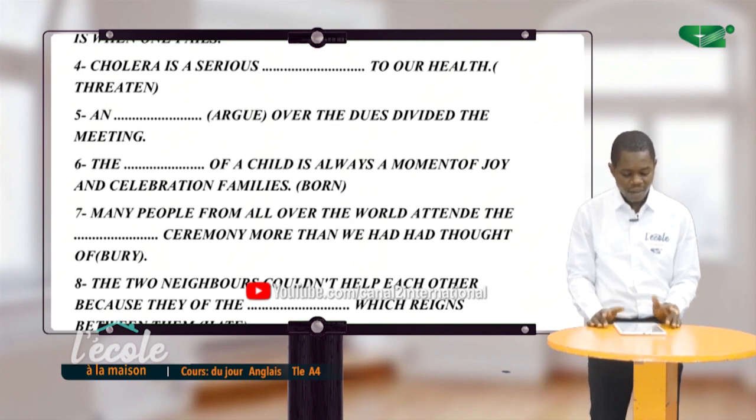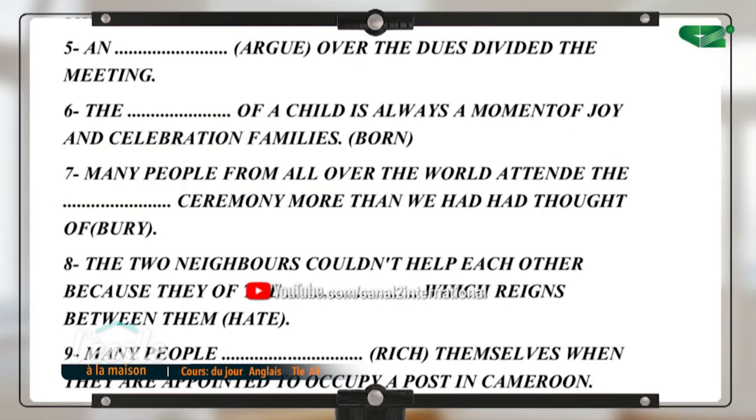And (argue) over the issue divided the meeting. You change argue, which is a verb. That is a kind of quarrel between two persons. Somebody does not probably understand what the other is saying, and then they start exchanging vivid words. So you use the correct form, the noun required.